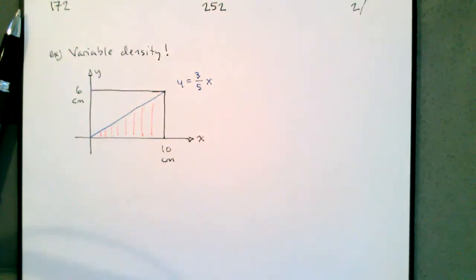And let's suppose the density at any point xy, I'm not going to vary the density in the x direction or the y direction. I'm going to vary it everywhere.